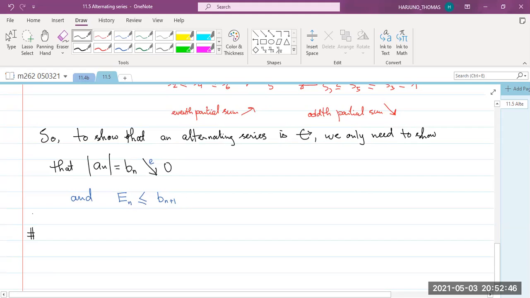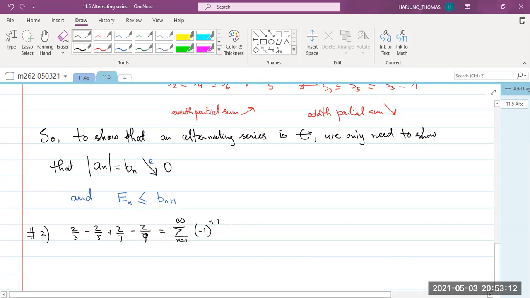With those said, we are ready to do problems. Let's see, for example, number 2. We have this series 2/3 minus 2/5 plus 2/7 minus 2/9. That is equal to the infinite series, n equals 1 to infinity. We start from positive terms, so that's negative 1 to the n minus 1.